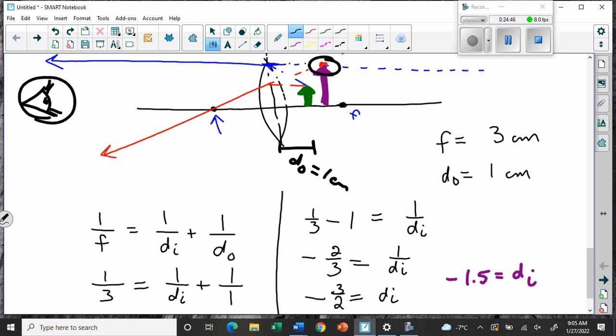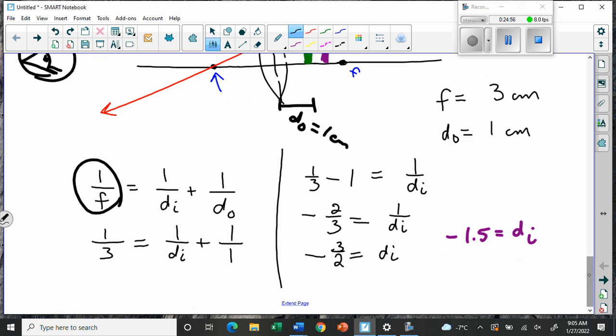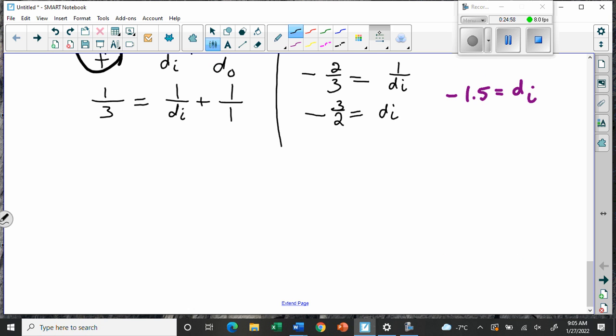We're still using the same idea here of a positive f, and we're still getting the right situation. Now let's try the magnification and see what it looks like. Magnification is negative di over do. So in this case, it would be the negative of negative 1.5, right?